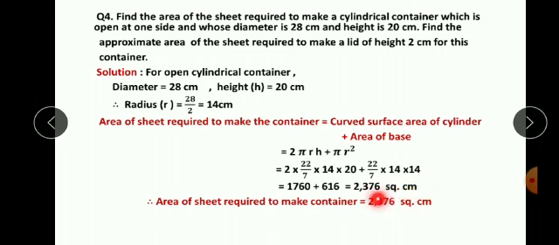This much is the area of sheet required to make the container. Therefore, final answer: area of sheet required to make container is equal to 2376 square centimeter. Children, everywhere you have to write the final answer along with the formula. As the formula is important, the given things are also important and the final answer is also important.